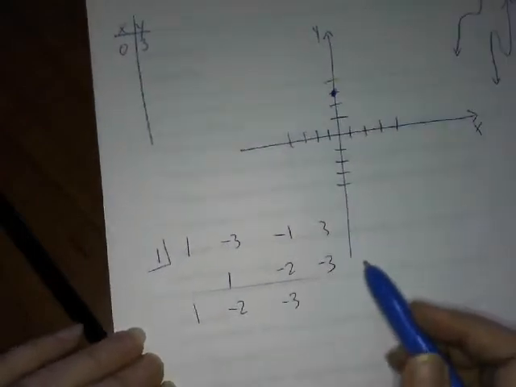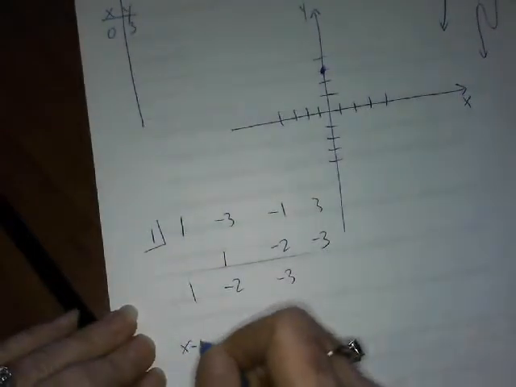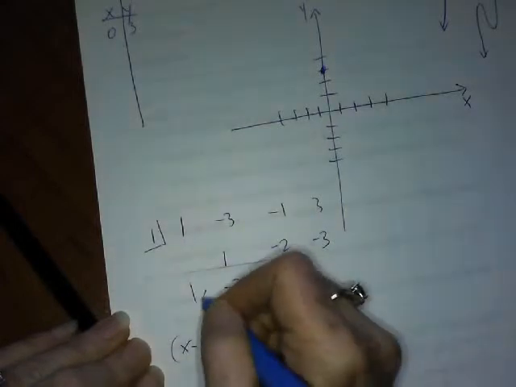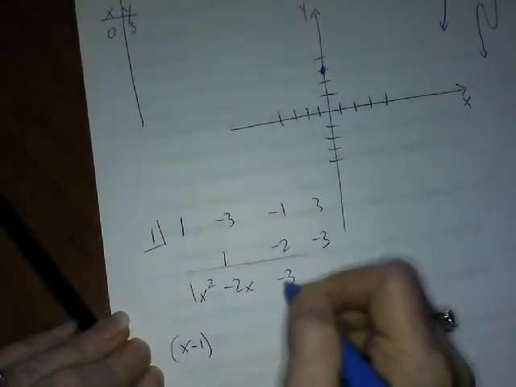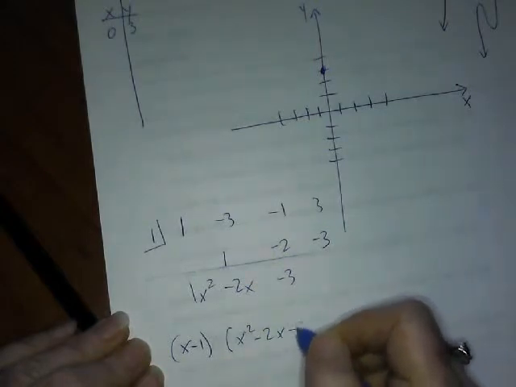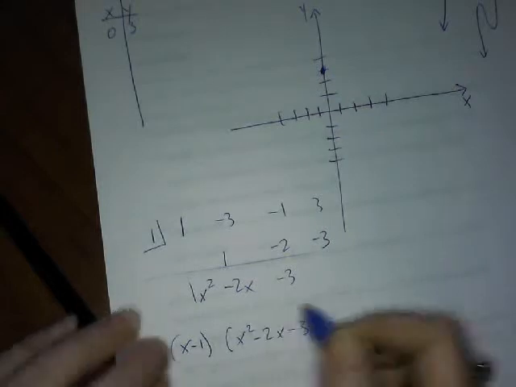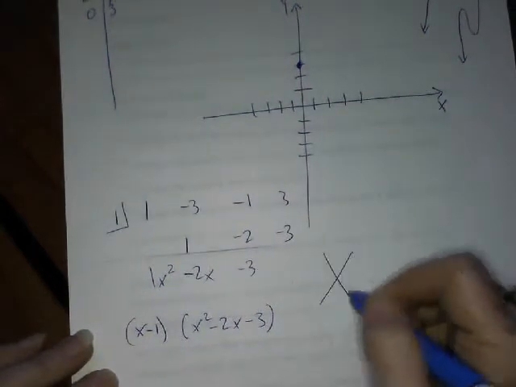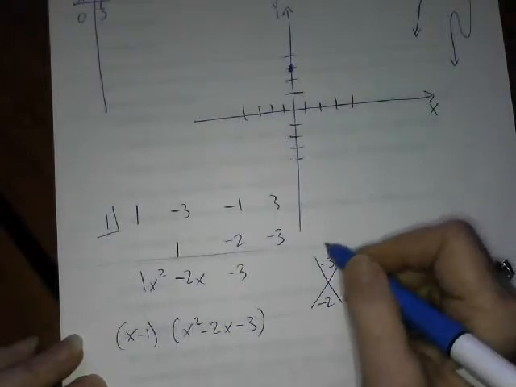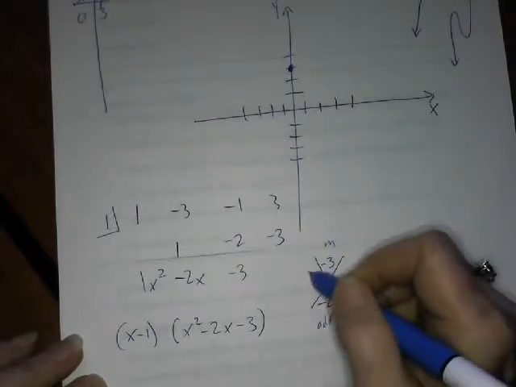So what that means is that x minus 1 comes from the divisor, and then this is x squared minus 2x plus 3. Oh, sorry, minus 3. Now maybe I can do a diamond problem on it. Wouldn't that be convenient if I could? 3 times 1.